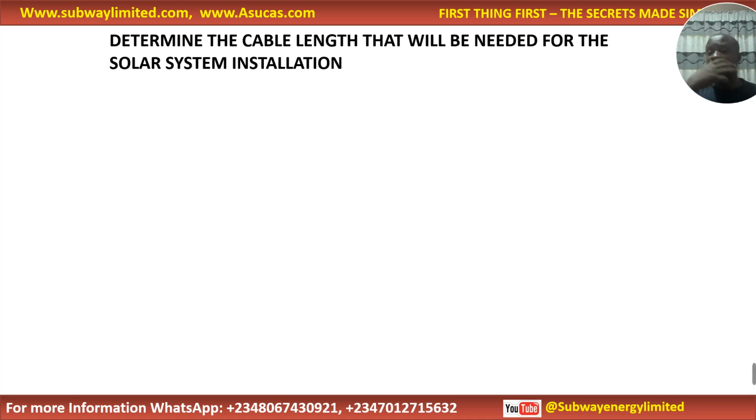So if you don't take measurement of the cable length from the powerhouse to the DB, from the roof plane to the powerhouse, from the powerhouse to the generator, and how you will distribute power, you have to take measurement of the cable length that will be needed for the solar system installation. Remember, you are not going to use your money to buy this component.